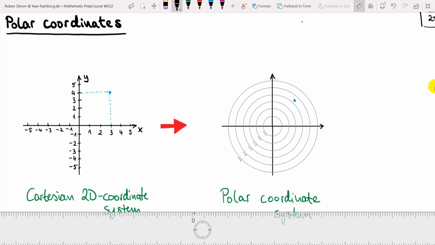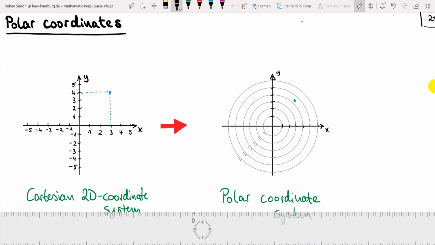You could just put X and Y on here again. And I can already tell you that the scale will be the same as in the other coordinate system. But how can we transform the coordinates between these two systems?